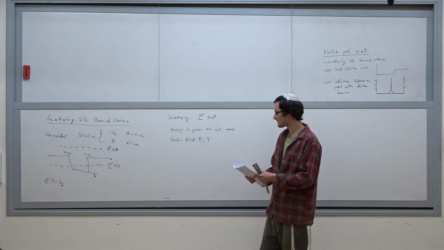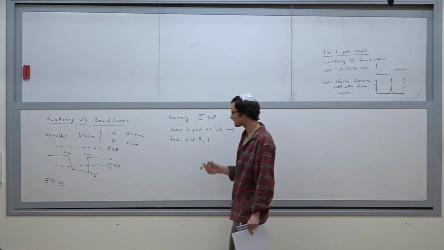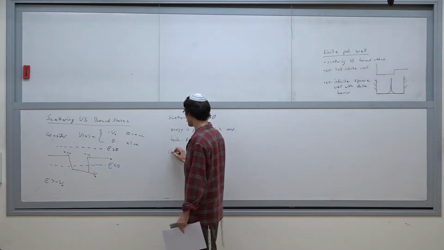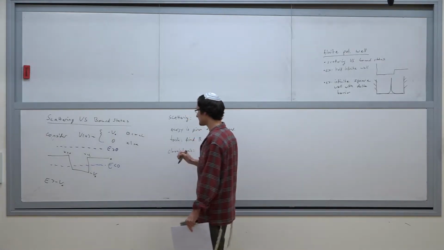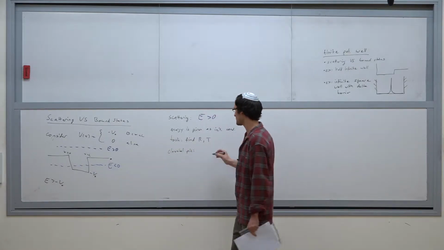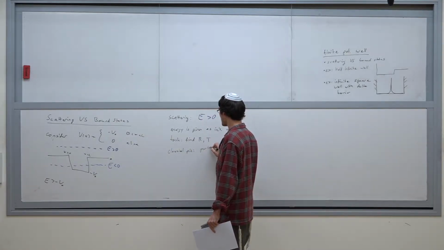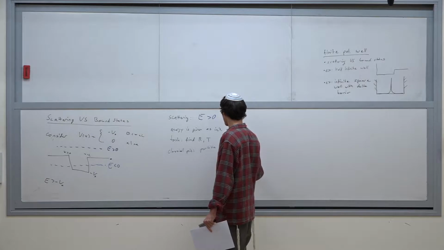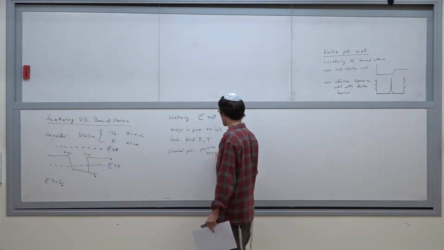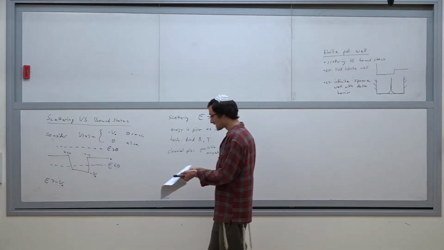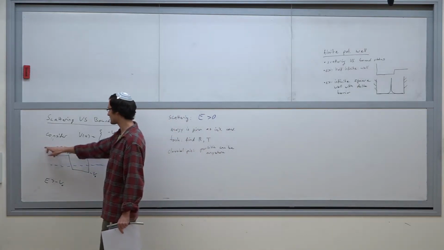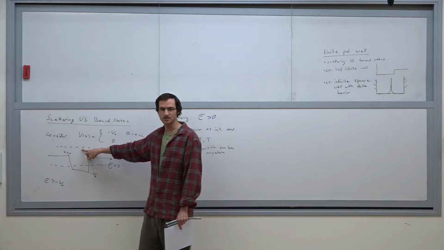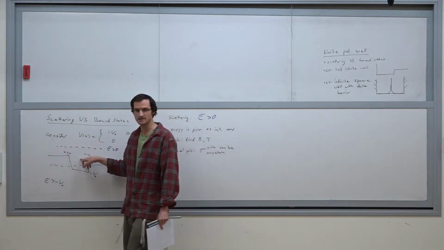A good way to think about it is the classical picture. It always helps. The classical picture of course tells us that the particle can be anywhere. Of course, if the classical particle is here or here, its kinetic energy changes because the potential changes, right?